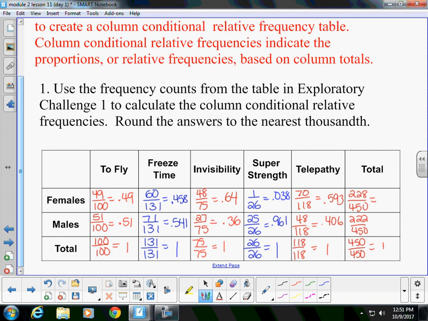So 0.506, so almost 51% females, and 0.493, so 49% males. Okay, so that's how you do a column conditional relative frequency table.